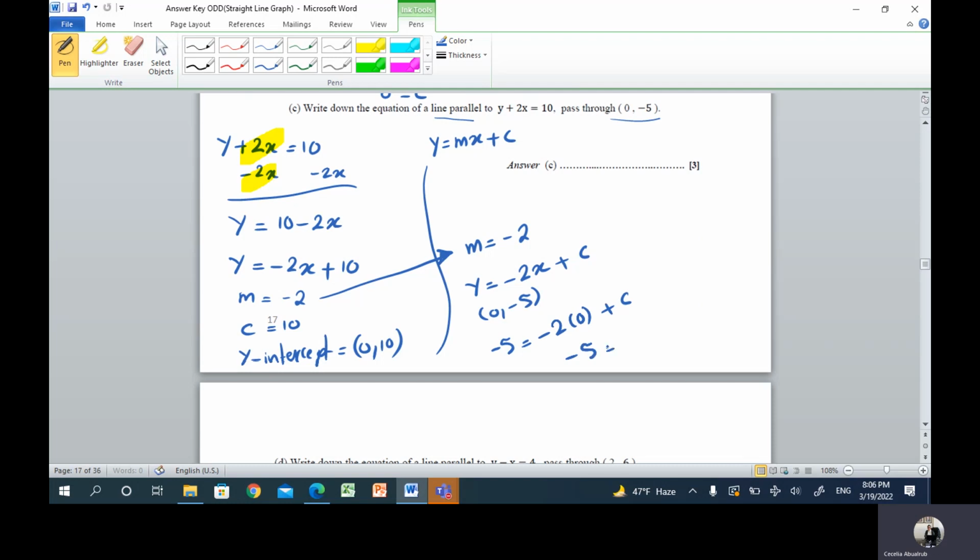Accordingly, negative 5 is equal to c. So the equation of this line is y equals negative 2x plus negative 5, which is minus 2x minus 5.